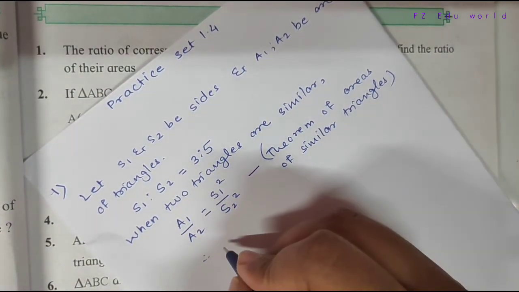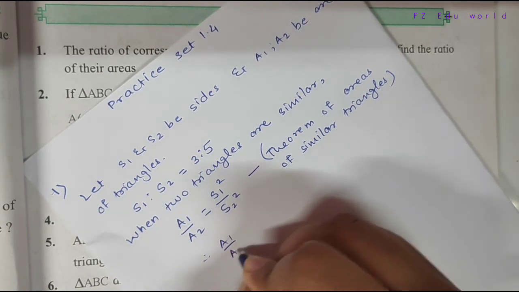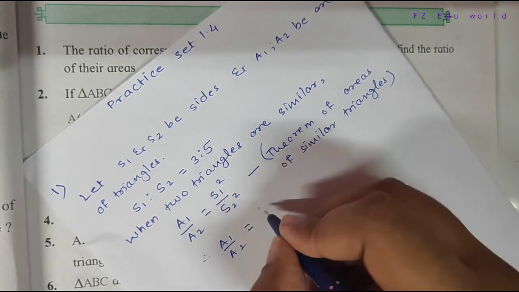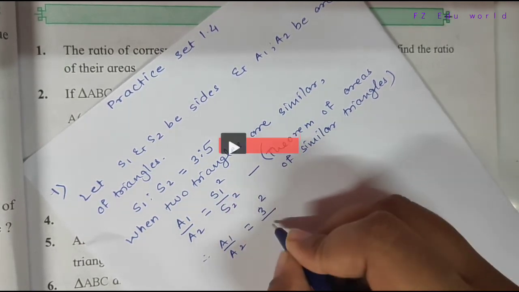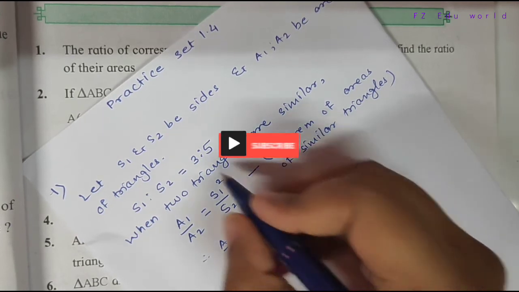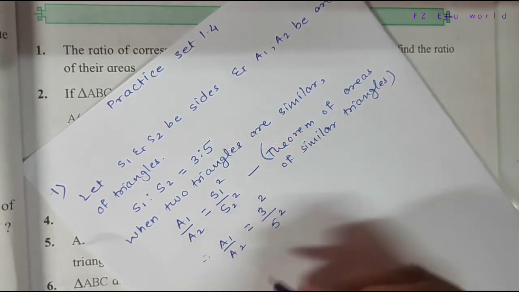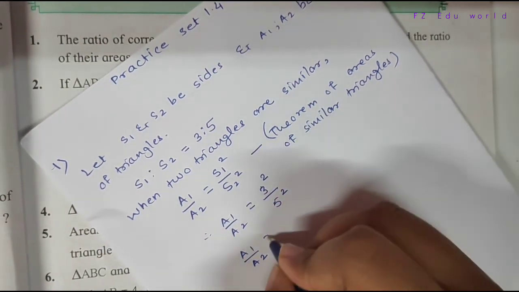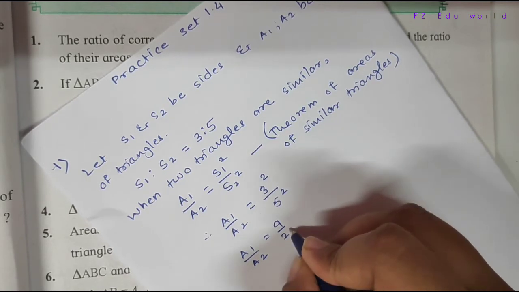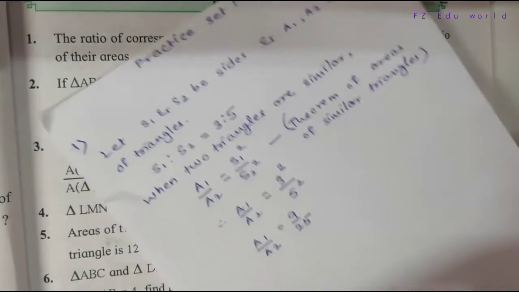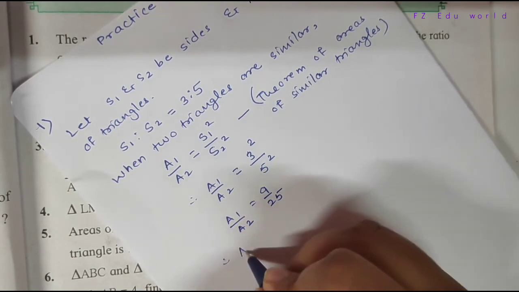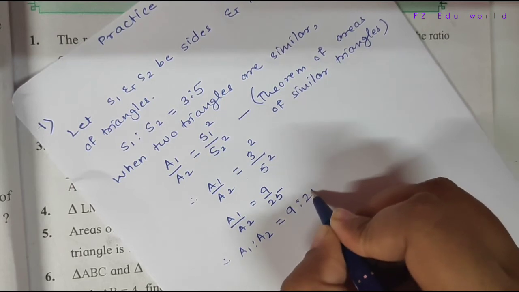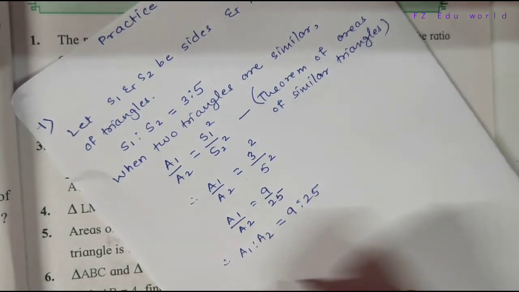Now we will put the values. A1 upon A2 is equal to 3 square upon 5 square. A1 upon A2 is equal to 9 upon 25. Therefore, A1 is to A2 is equal to 9 is to 25. In this way, the first question is completed.